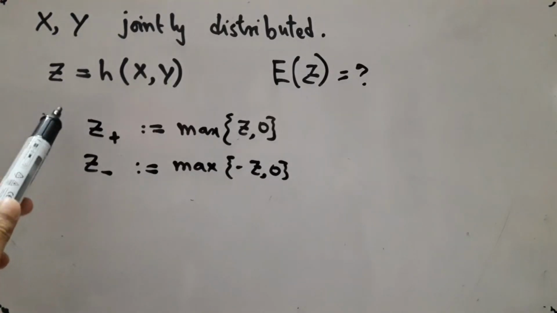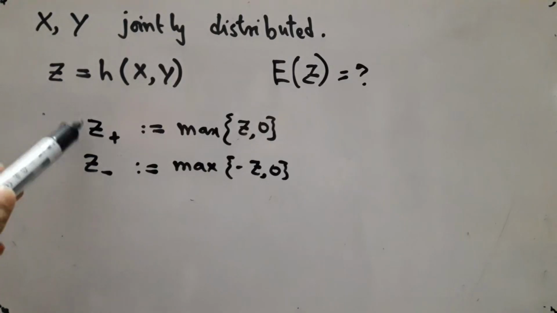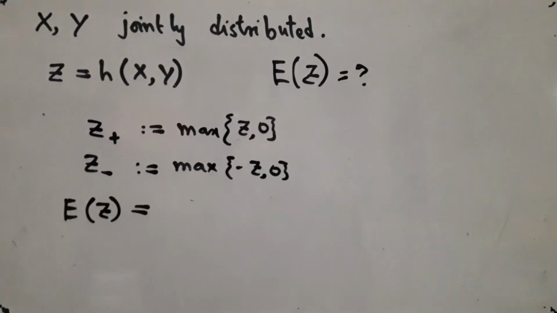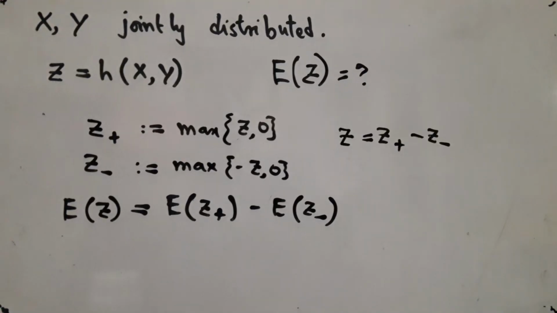This takes care of the positive part of z and this takes care of the negative part of z, but both these random variables are actually non-negative. And then we define the expected value of z as the expected value of z plus minus the expected value of z minus, which is the general prescription, and it's natural because we have z equal to z plus minus z minus.